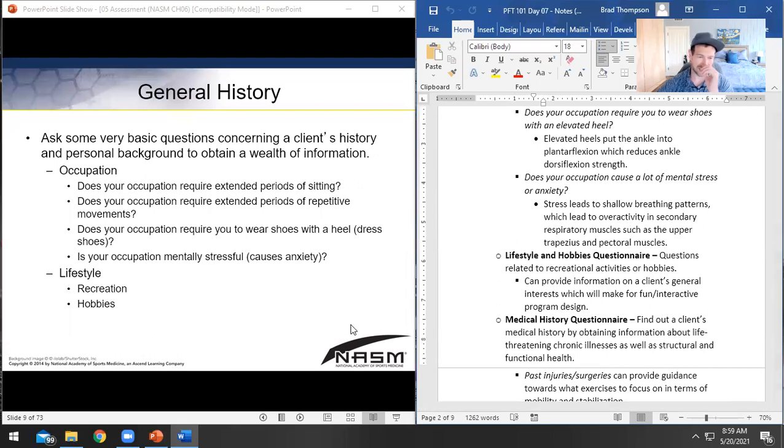I used to date this girl who had just the most overactive calf muscles I've ever seen. She would sleep and both of her feet would just point. It was like a straight line. She looked like she was doing ballet in her sleep. And she would complain about back pain all the time. And I told her, we need to strengthen your feet.